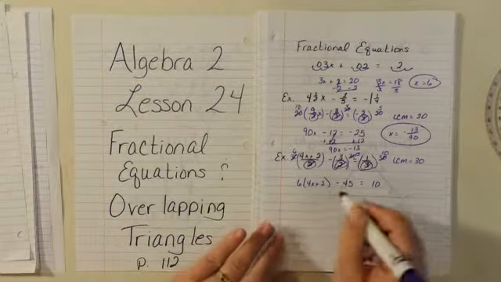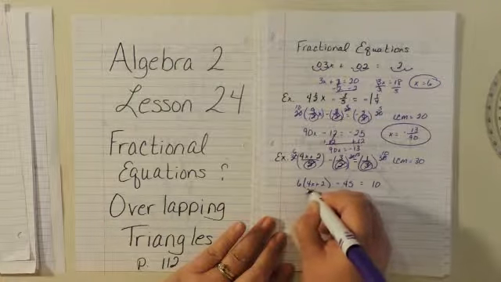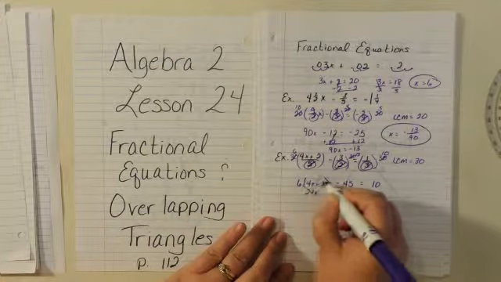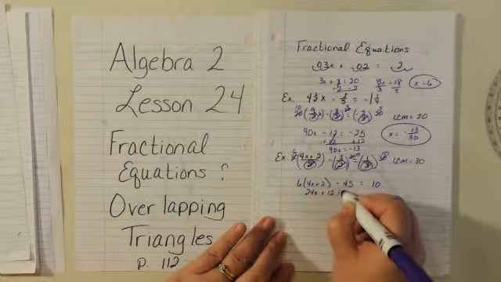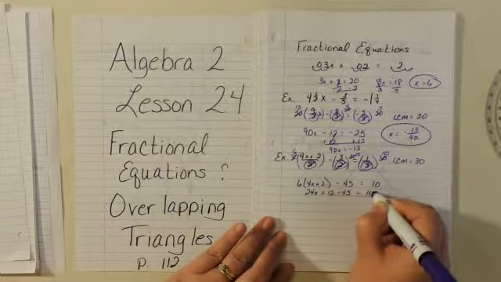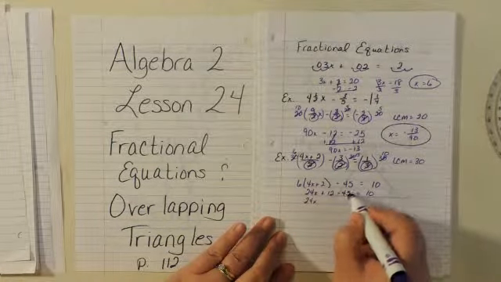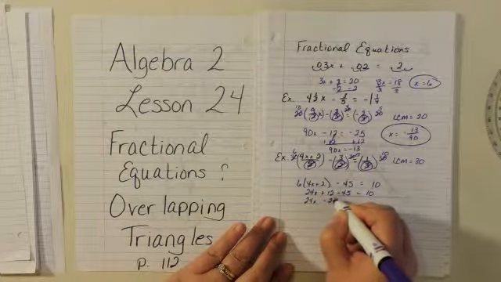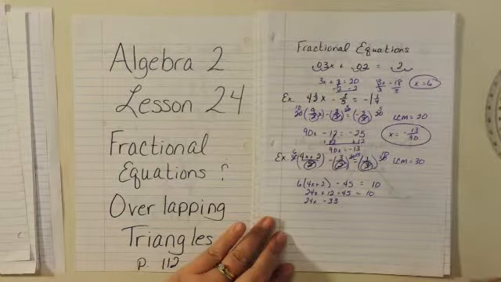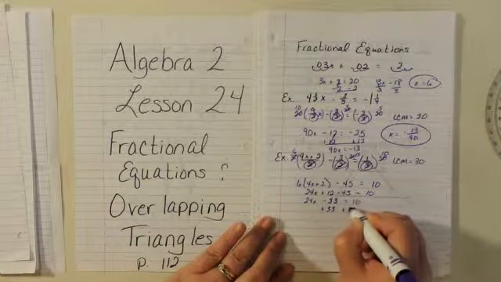Okay, let's multiply this through and solve for x. 6 times 4x is 24x. Plus 6 times 2 is 12. Minus 45 equals 10. We have 24x, minus 45 plus 12 is minus 33, equals 10. Add 33 to both sides.